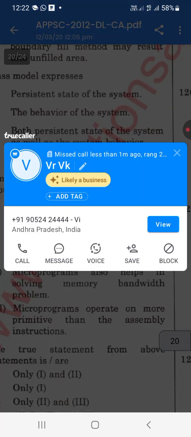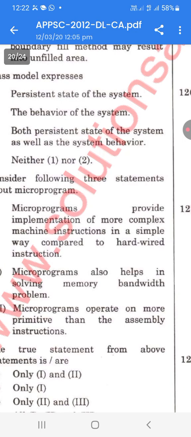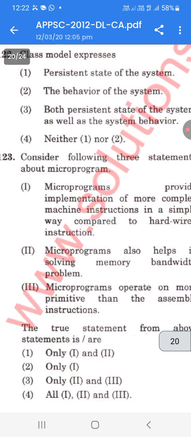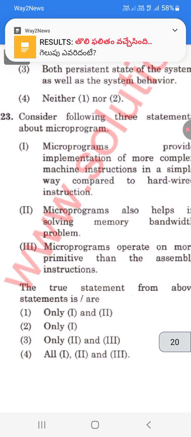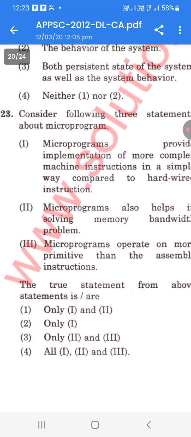Consider following 3 statements about microprogram. 123. 1 and 3 are true statements. Only 1 and 2, only 2 and 3.